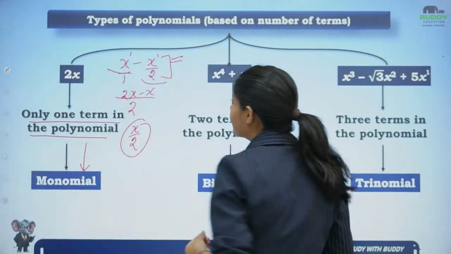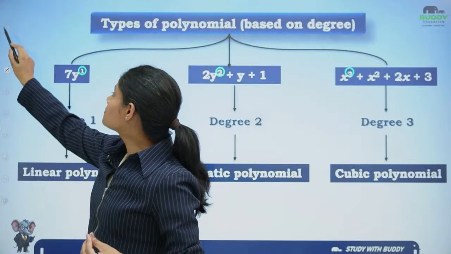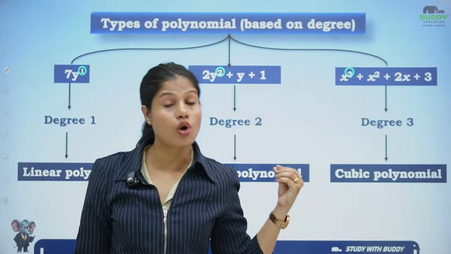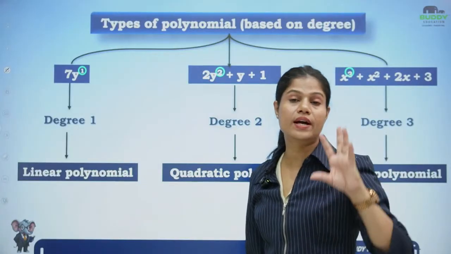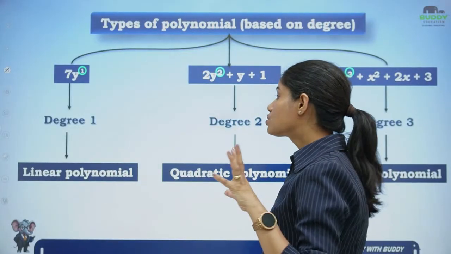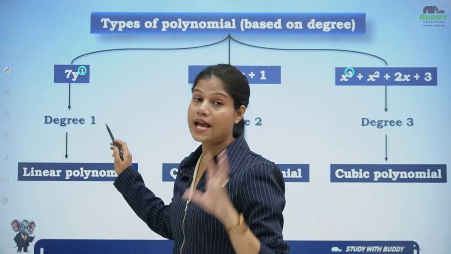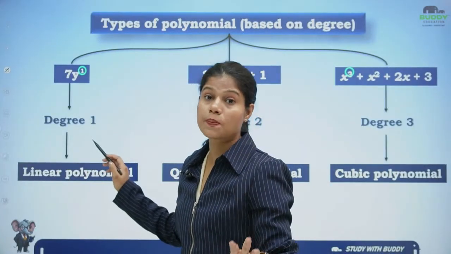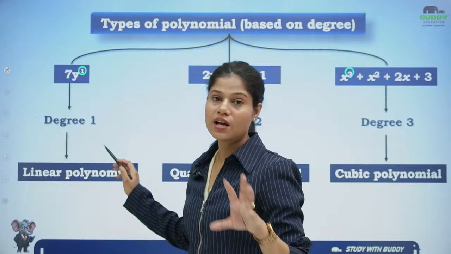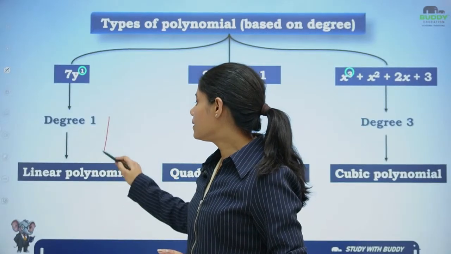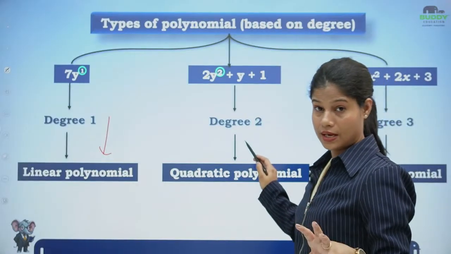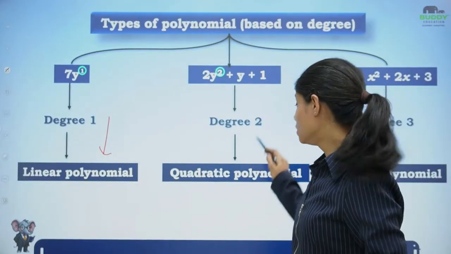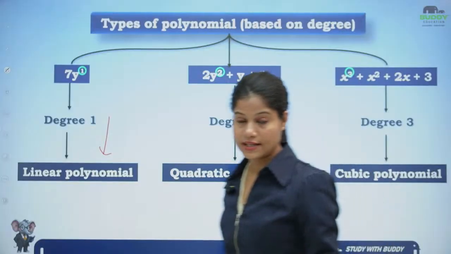Now how can we categorize the types of polynomial on the basis of degree? For that, we have already understood how we define the degree of the polynomial. Suppose you have the degree as 1, means the highest power of the variable is 1, then you will name it a linear polynomial. If the highest power of the variable is 2, means the degree is 2, you will name it quadratic.